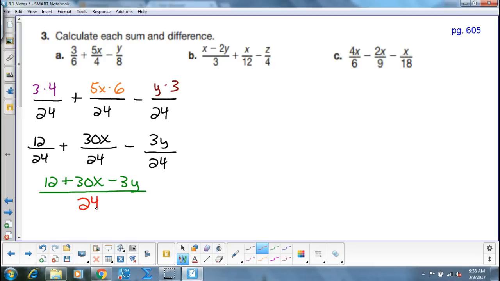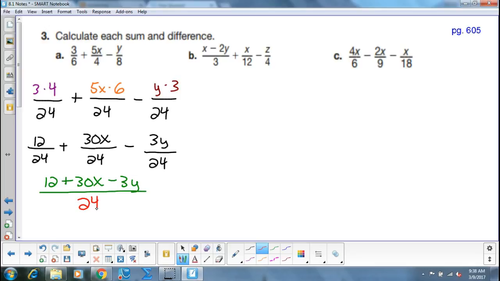Okay. With me? Can I combine any like terms on the top? No, because they're all different, right? Can I factor anything out of the top?